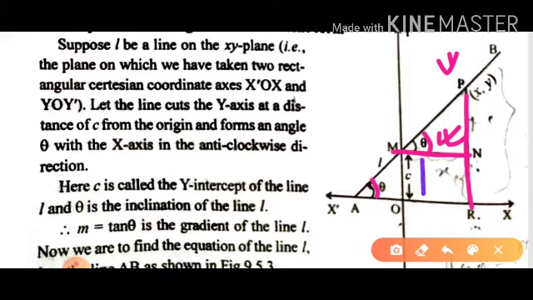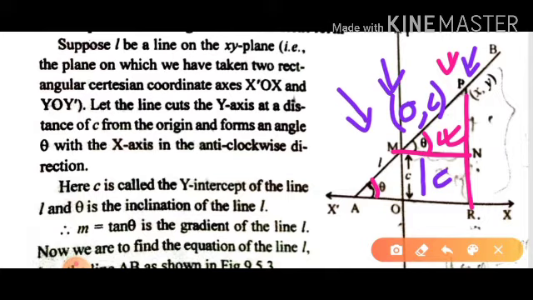From here to here it is taken as c. This point M is on the y-axis, so its coordinates will be (0, c). So the point P is (x, y) and this is (0, c), so we have two points on the straight line AB.